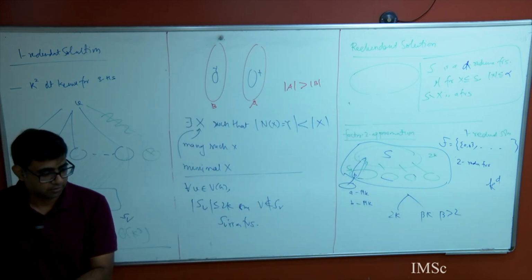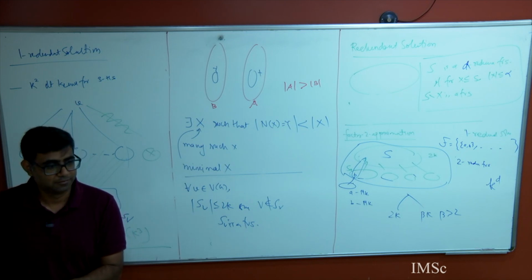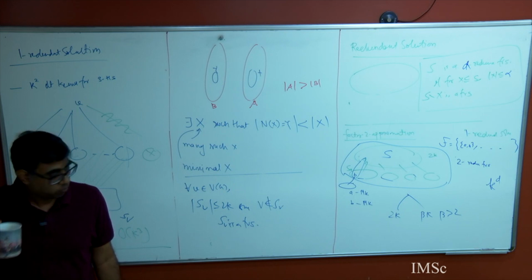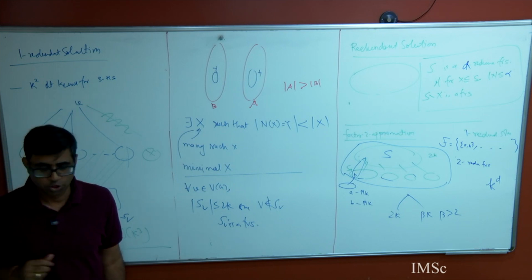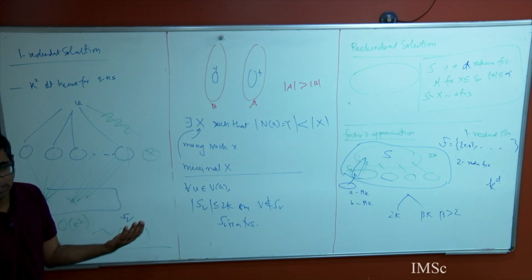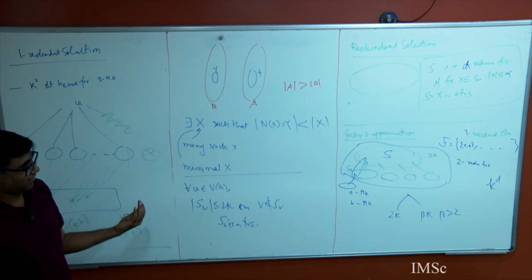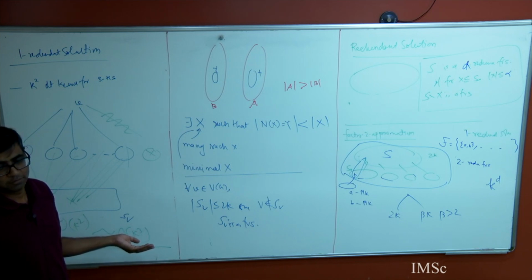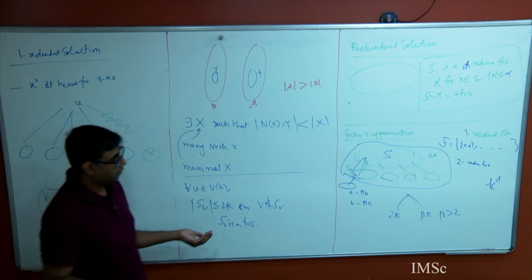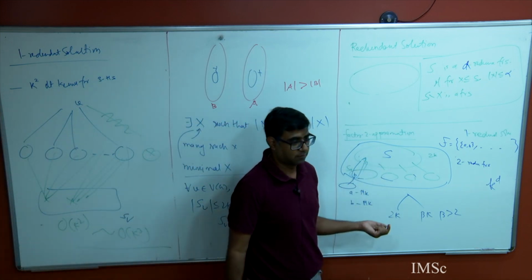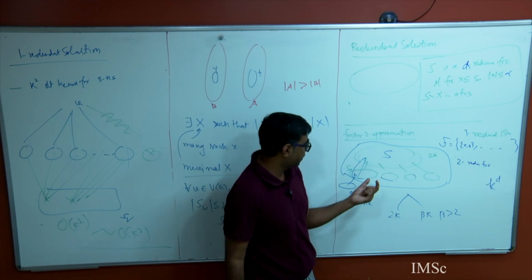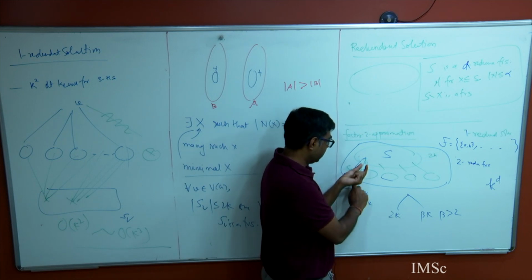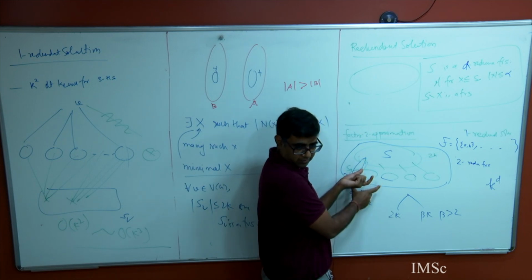Any question before I change track? When you're finding the 2-redundant solution, you're considering pairs from S and outside. Within S, don't you need to consider pairs? No, absolutely not. Pick up any pair of vertices, A and B. Either B is not here, then that itself is a solution.